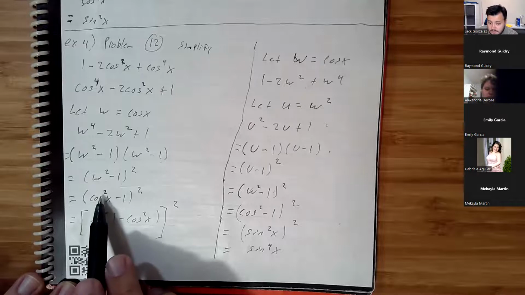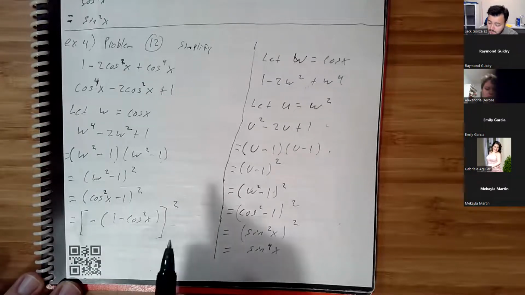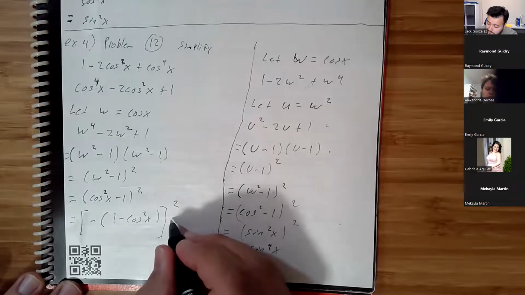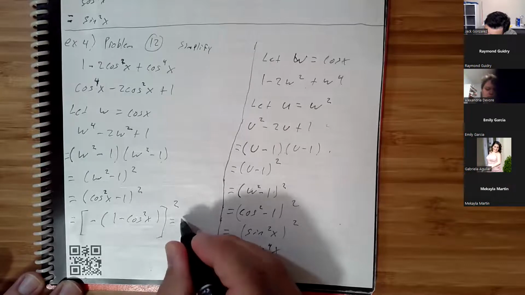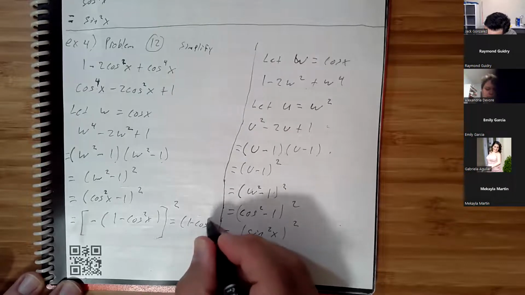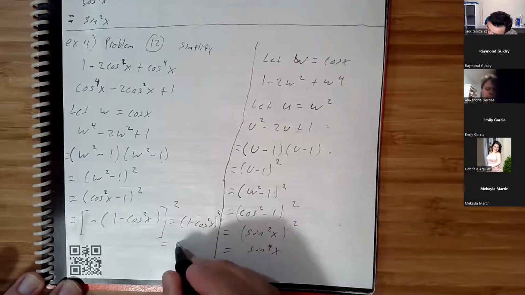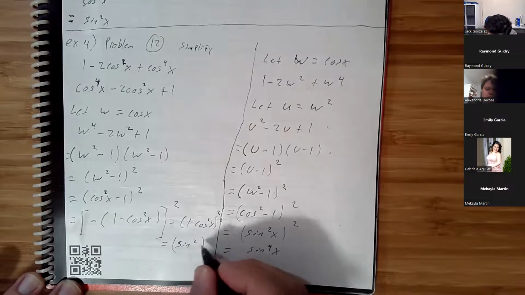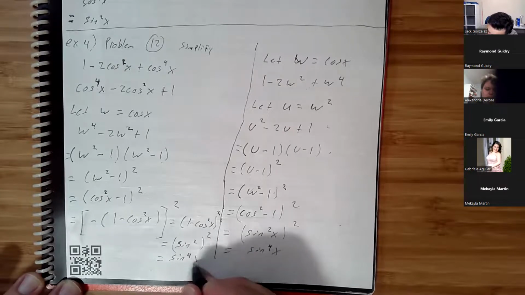So you can actually adjust this to fit our formula. Does that make sense? This is the weird part. So then that becomes sine squared, which is sine to the fourth.